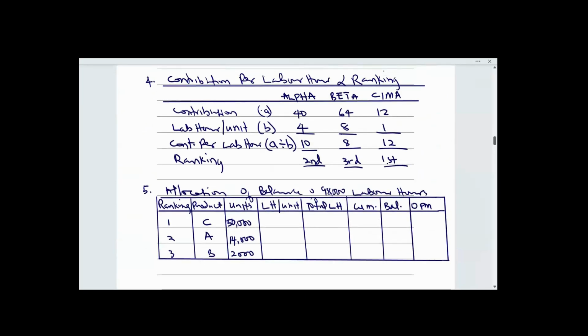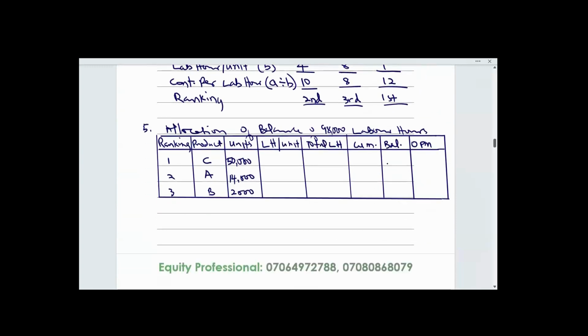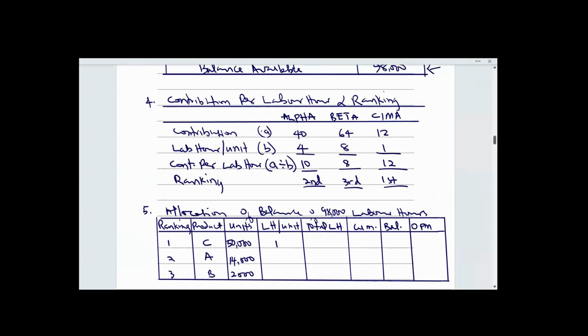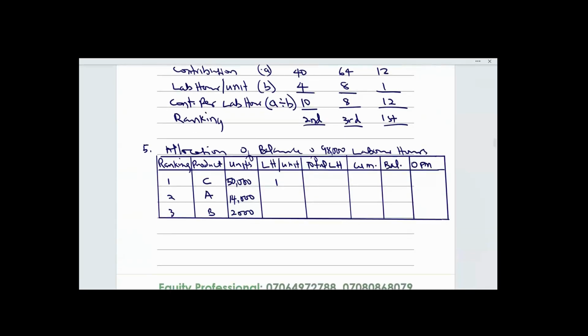481. For Sigma, 1 hour is required. For Alpha, 4. Then 8 for Beta. So you are going to start with Sigma. 50,000 multiplied by 1 will give us 50,000 hours. 50,000 hours is within 98,000 hours.